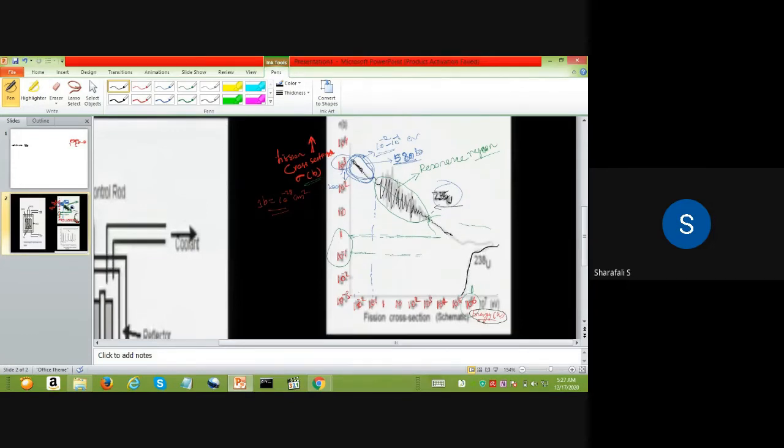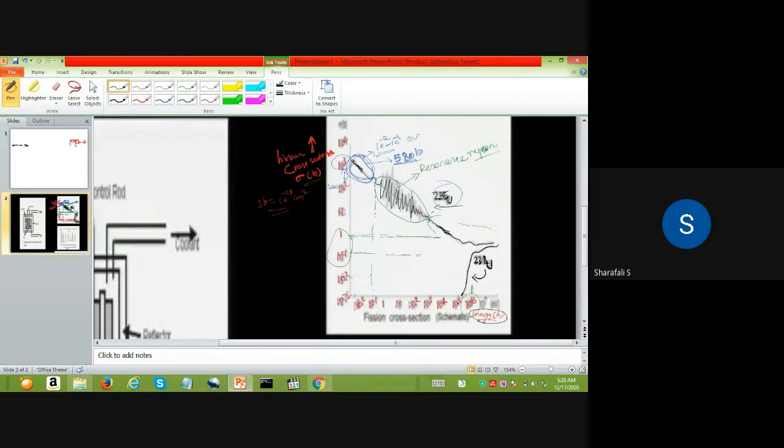This one is for uranium 235, and uranium 238 is here. That is the second curve.